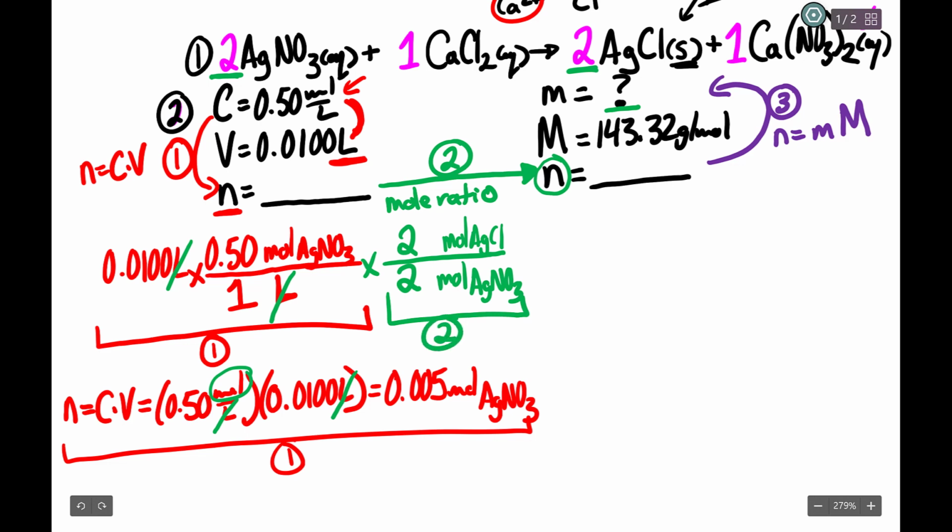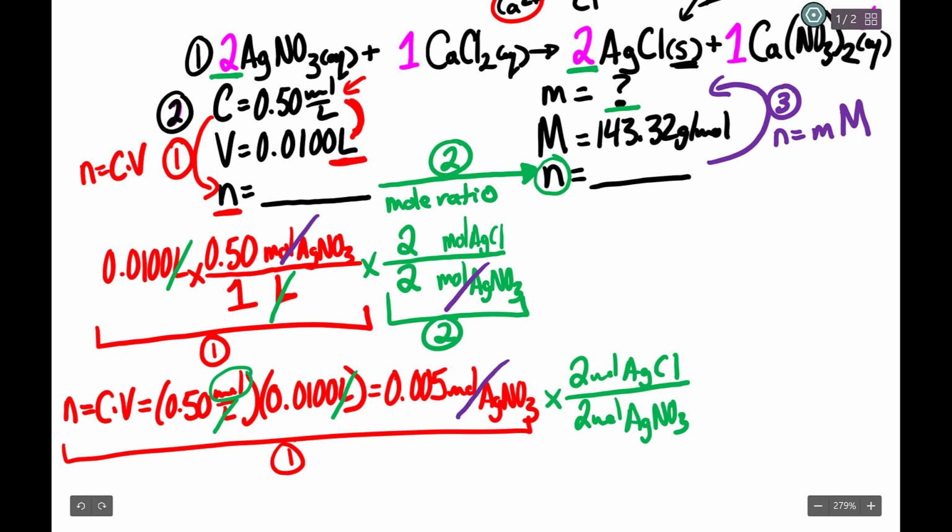That would look the same way down here. There's no difference. I have to set up a fraction, and this would be 2 moles of silver nitrate. And on top would be what I want, which is 2 moles of silver chloride. And what would happen is the moles here cancels out with the moles there. Same thing here.